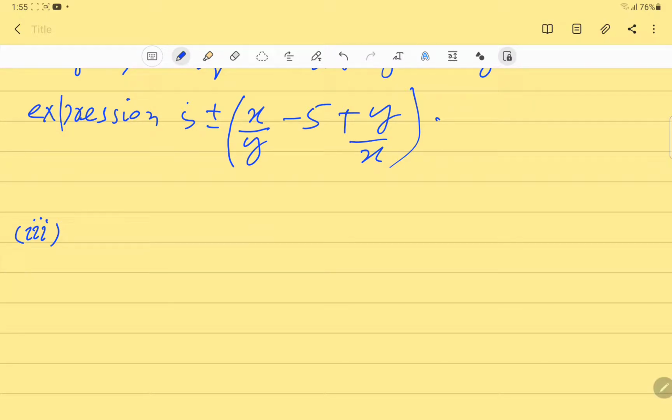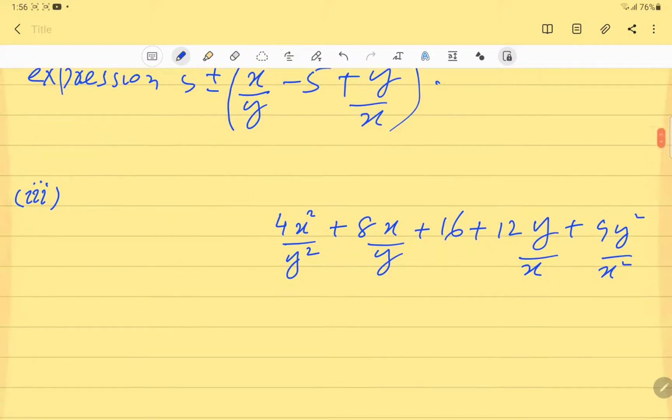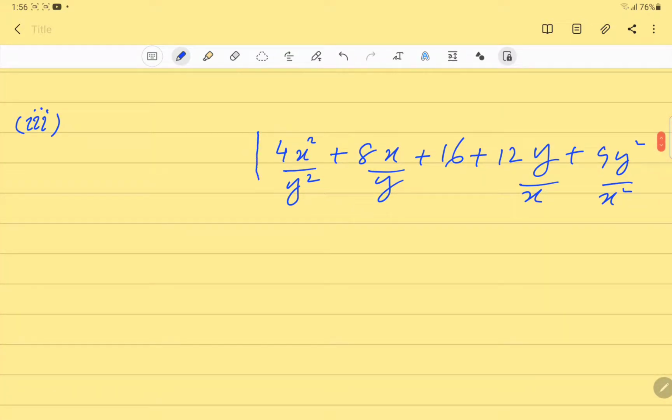So it is like 4x squared over y squared plus 8x over y plus 16 plus 12 into y over x plus 9 into y squared over x squared. Okay, let's do it.